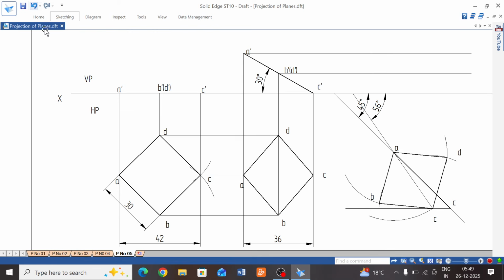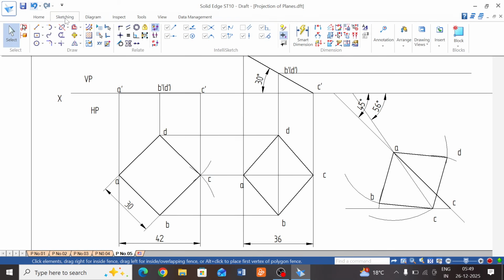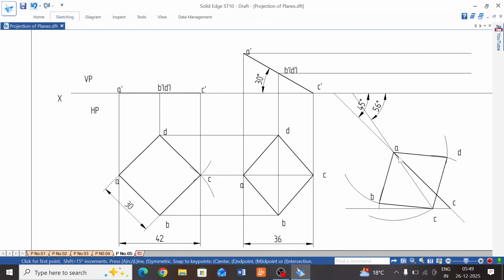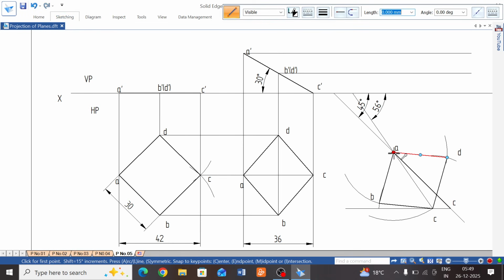Always those projection lines are perpendicular lines. Go with point A end point to apex point. B is here midpoint. Exactly 90-degree line you have to draw.